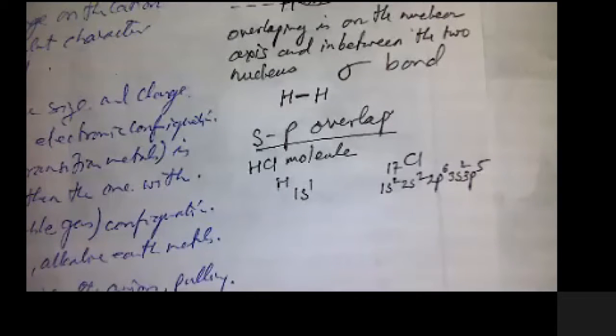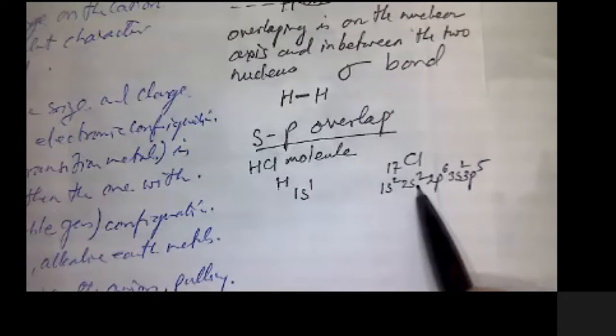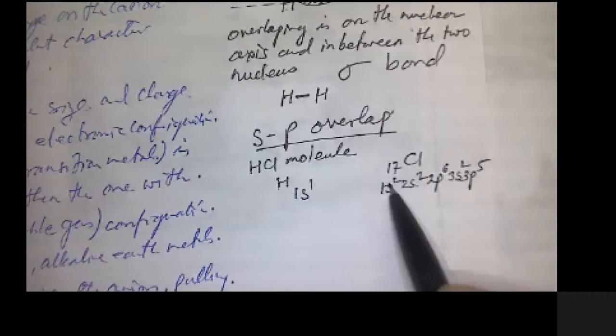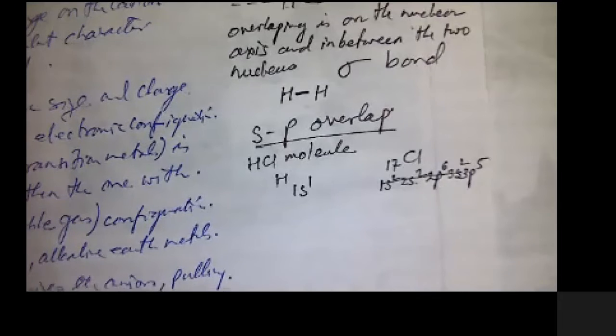So when I take this 3p5, what will happen? Look here. All these are filled up. S, S, P, S, this portion is filled. So we can leave them out, because only the unfilled ones, which are yet to fill, will take part in bonding. What is left? 3p5.